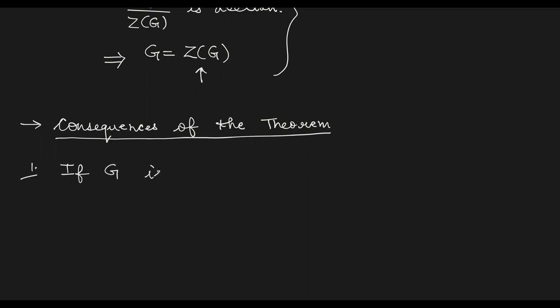If G is non-abelian, then G by Z(G) is not cyclic.